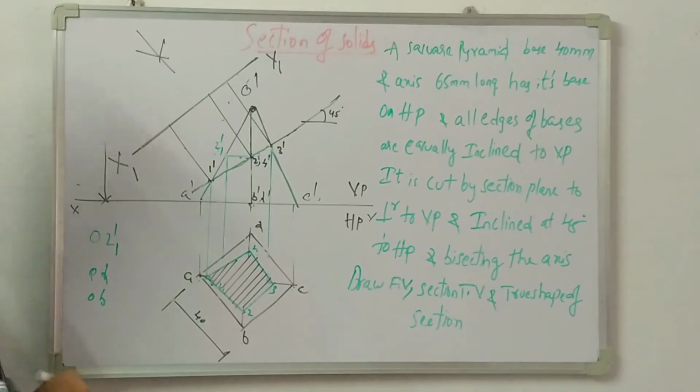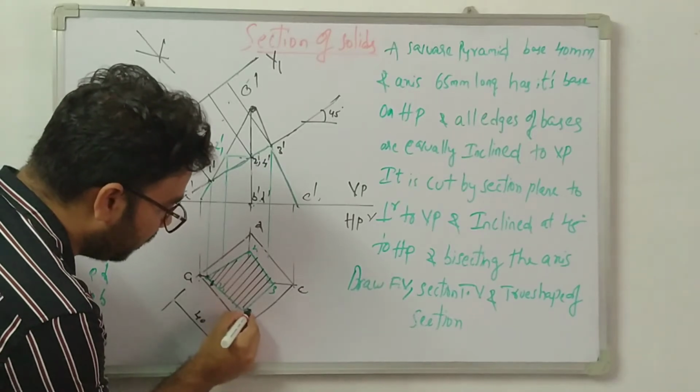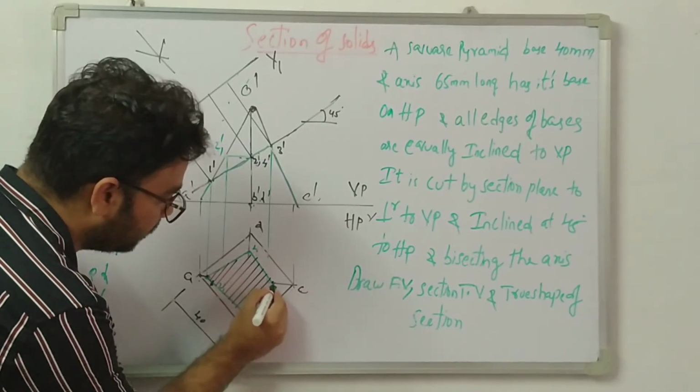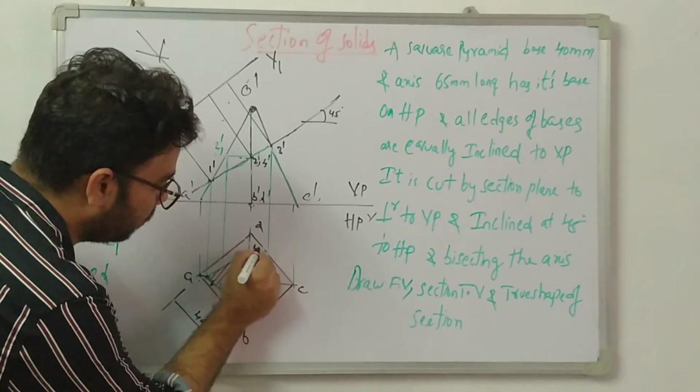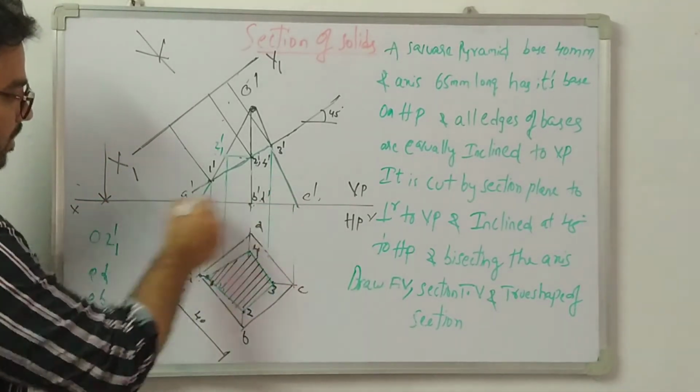Now from here onwards, see the procedure. This point is 1, this point is 2, this point is 3, this point is 4. This is the old reference line.